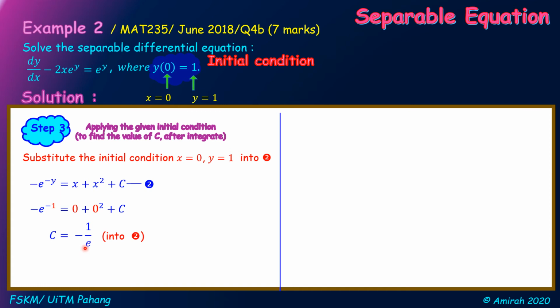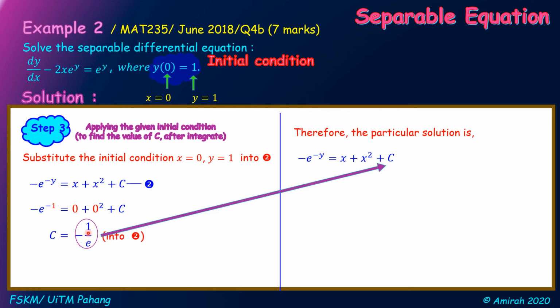After that, we need to substitute the value of c into equation 2. Therefore, the particular solution is, from equation 2, we substitute c equals negative 1 over e into c here. Then we have the particular solution: negative e to the power of negative y equals x plus x squared minus 1 over e.